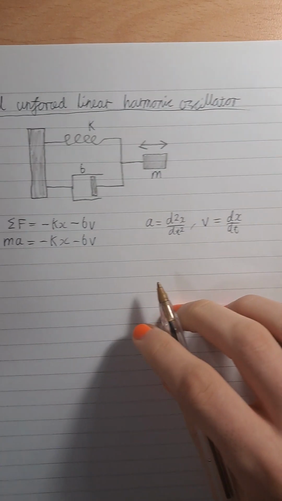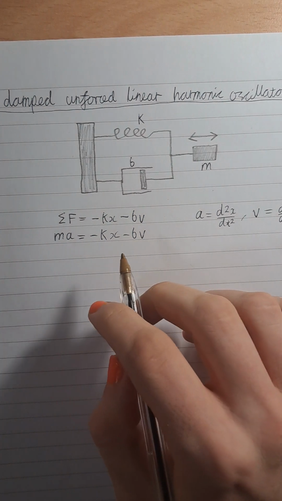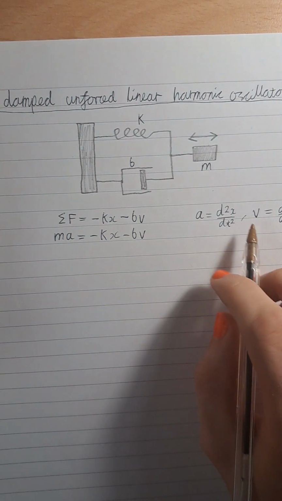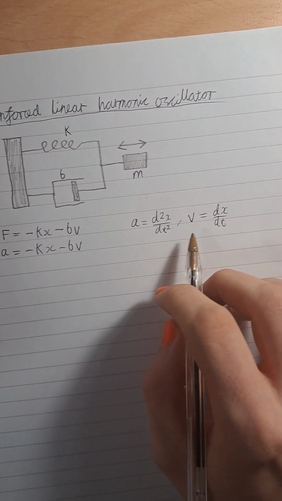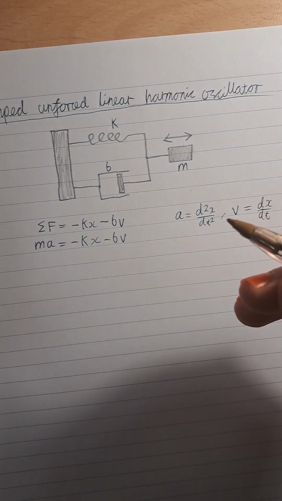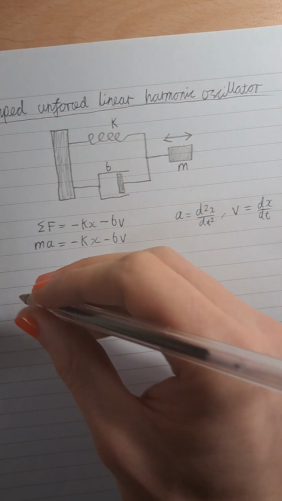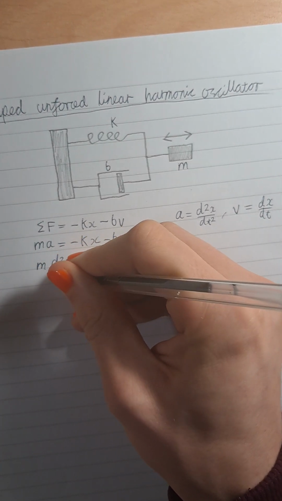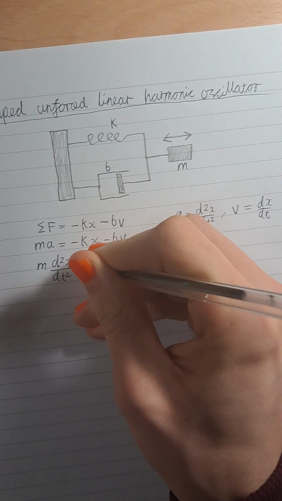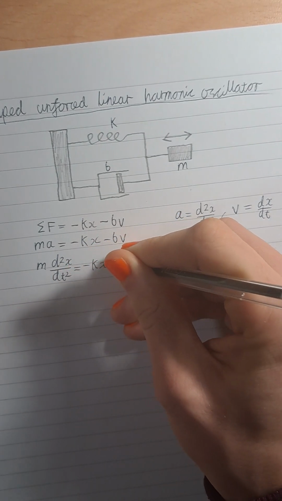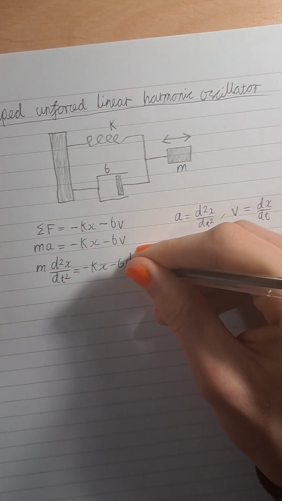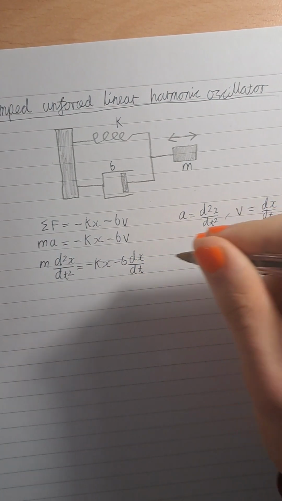So we can change these variables into derivatives of x. So what have we got? We've got m d2x over dt squared equals minus kx minus b dx over dt. Right, lovely.